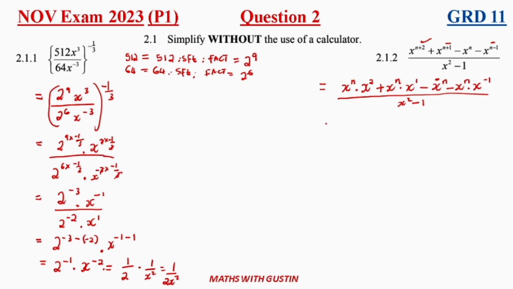All right, so let's go ahead and do that. x to the power of n times x squared, minus x to the power of n, plus x to the power of n times x to the power of 1, minus x to the power of n multiplied by x to the power of negative 1. So basically what I did here, guys, I just rearranged them. Nothing scary there.